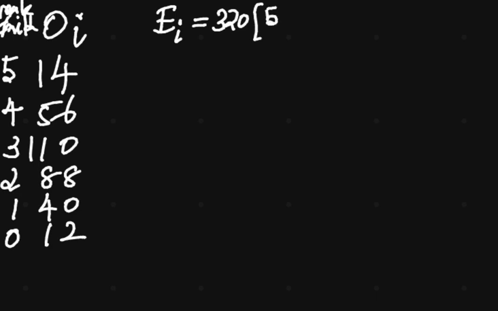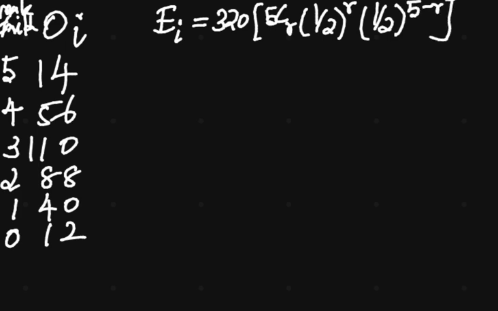So 320 into 5Cr (1/2)^r (1/2)^(n-r), which is 5 minus r, and r can be 5, 4, 3, 2, 1 or 0. Suppose we take r equal to 5.